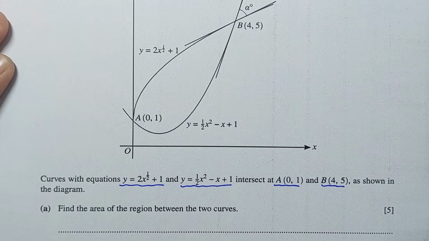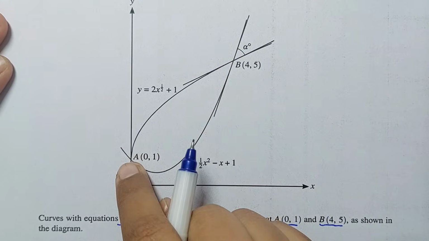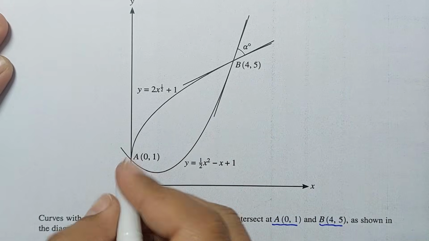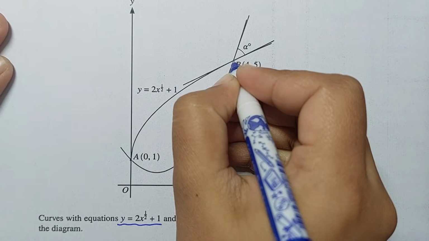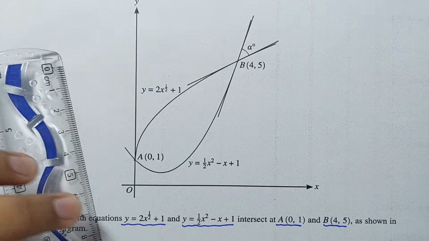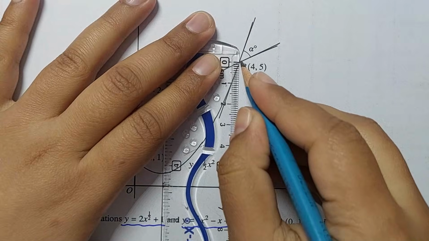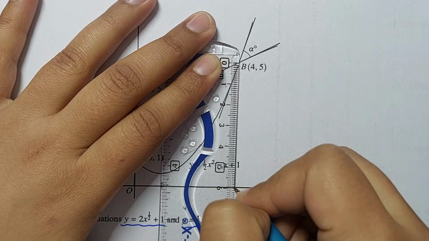Part A, find the area of the region between the two curves. So here the x coordinate is 0 and here the x coordinate is 4. So we need to integrate, right? The x coordinate is 0 over here and the x coordinate is 4 over here.